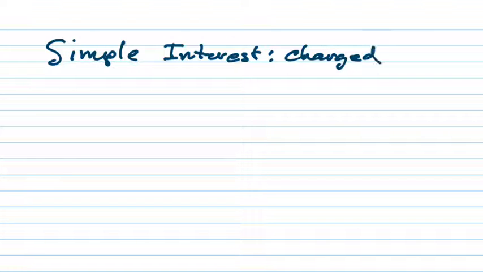So in other words, if you borrow money, they're just going to charge you interest one time, and then you pay back the principal amount, which is the amount you borrow, plus whatever interest there is. Okay? Just one time, charged once. So it's only going to be done one time.